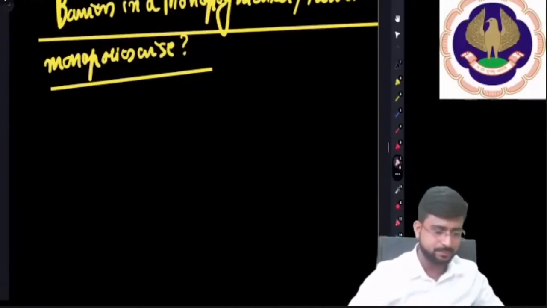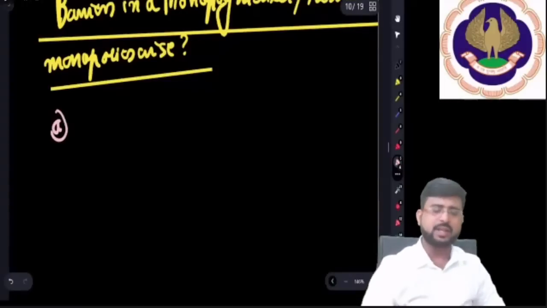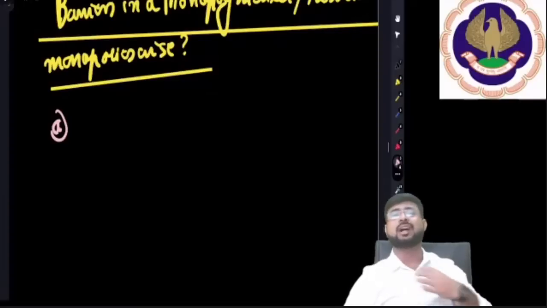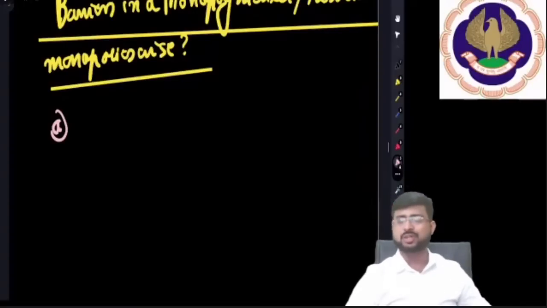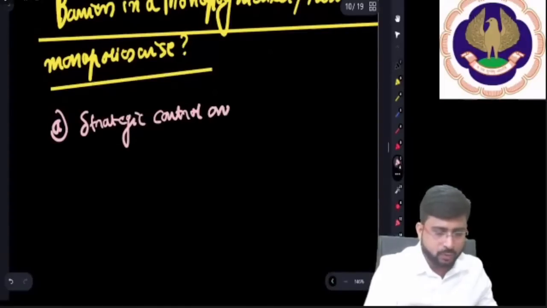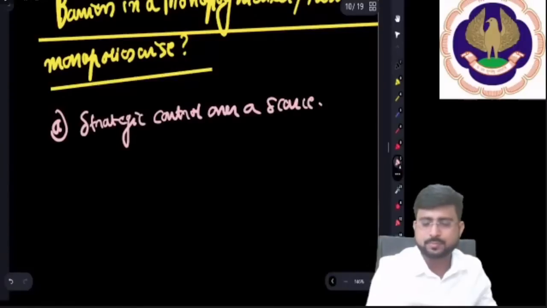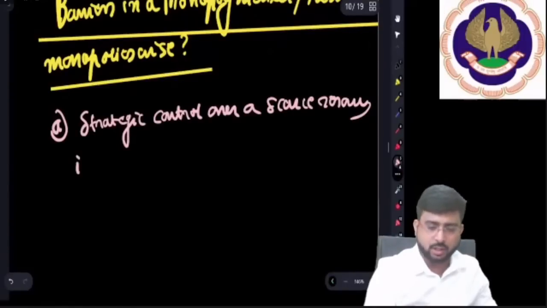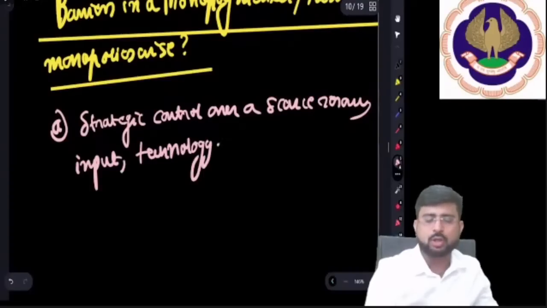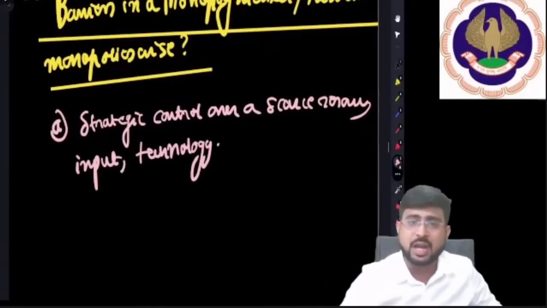Point A can be, guys, that somebody has control over a scarce resource. Strategic control over a scarce resource, input or technology. When Reliance started Jio, they had to build a completely new technology: the way we talk over call, the way we chat, the way we use internet.